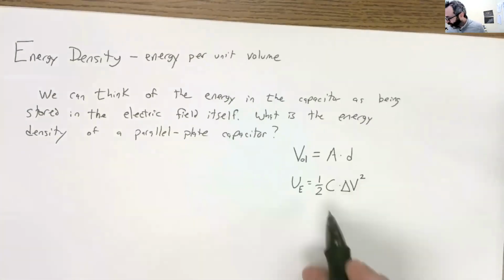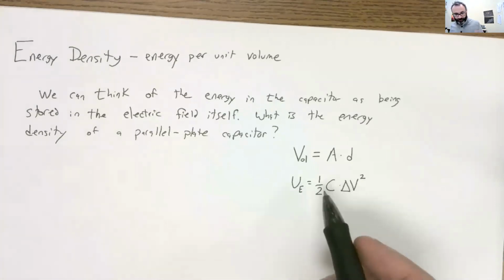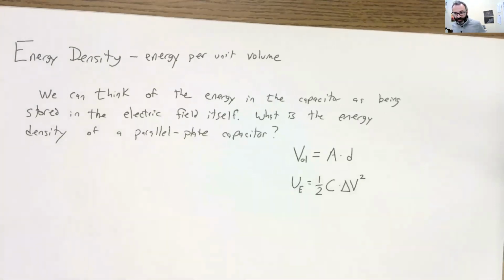Capacitance we're always going to know if we have a capacitor, and potential difference we'll be able to measure more easily than the charge, like I said before. So this looks good, and I can almost get by, but I'm going to need one more relation.